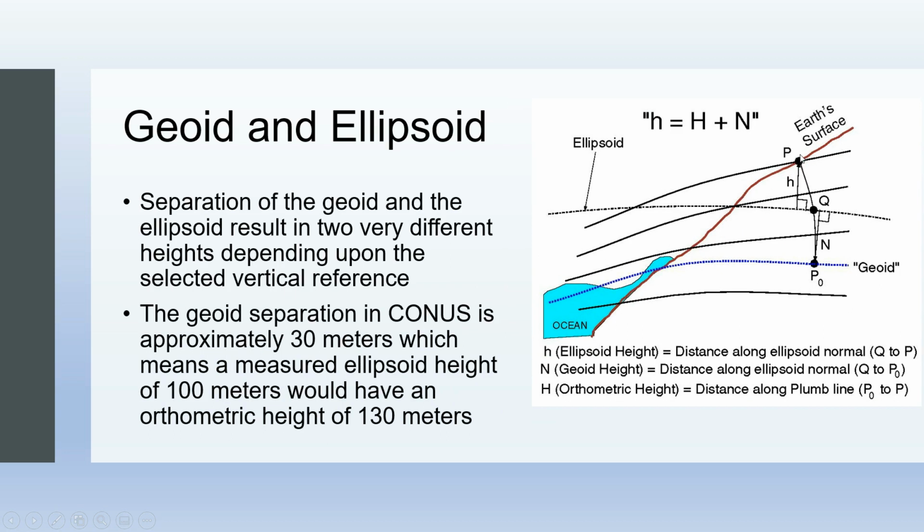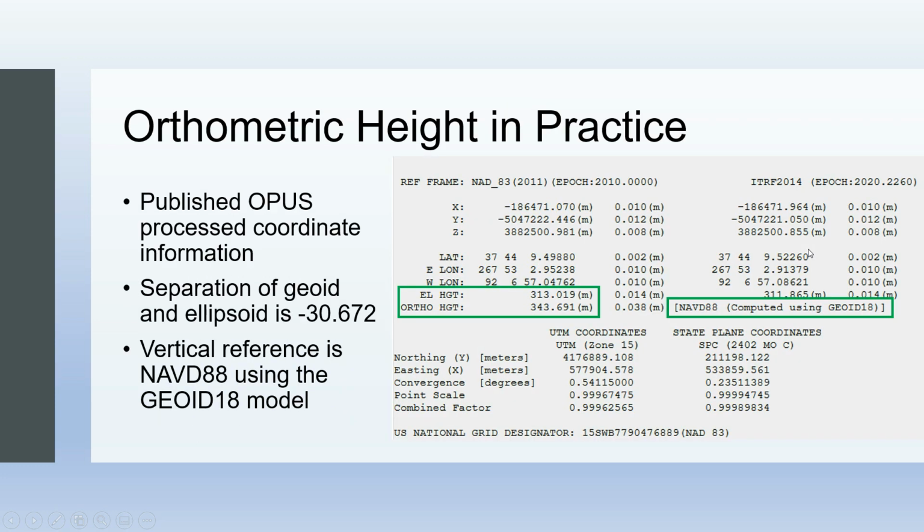So that's the 313 or whatever. When you add in the geoid definition, that changes it to the orthometric height. The orthometric height, as you can see right here, is using the North American Vertical Datum of 1988, using the Geoid 18 model. And basically this is how you determine it.